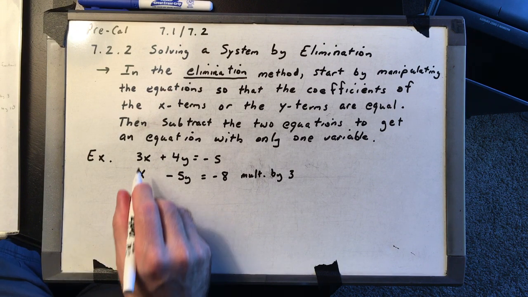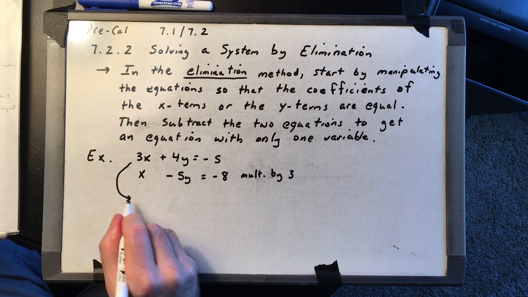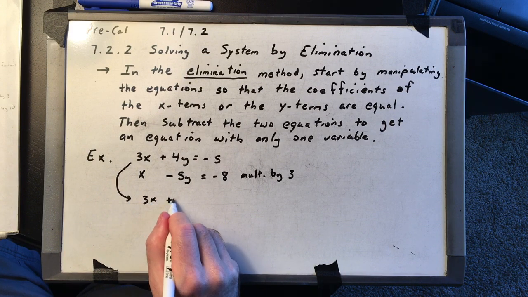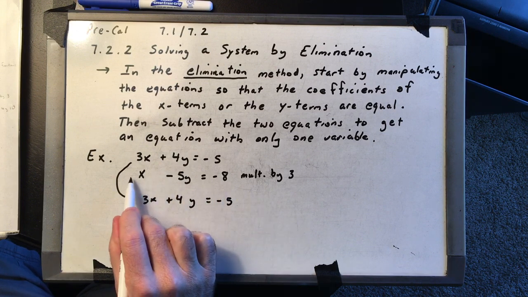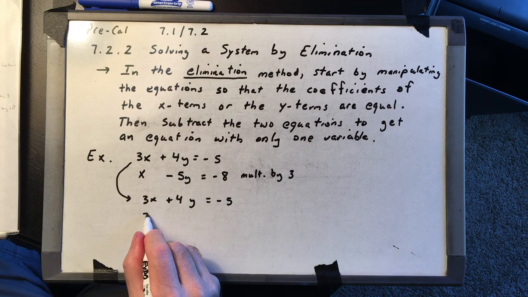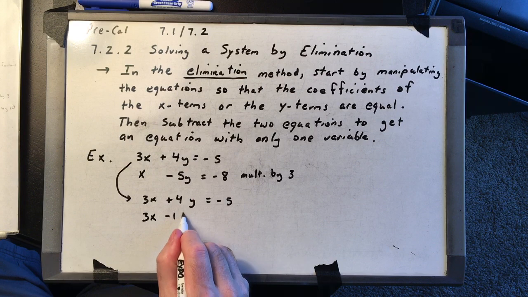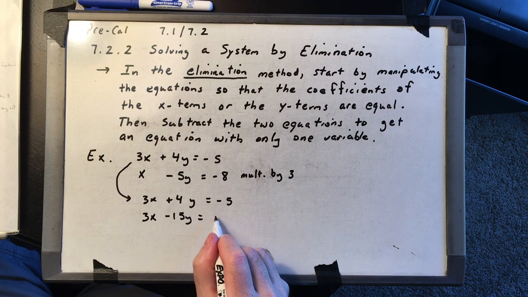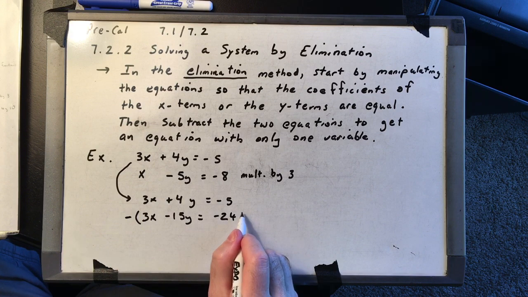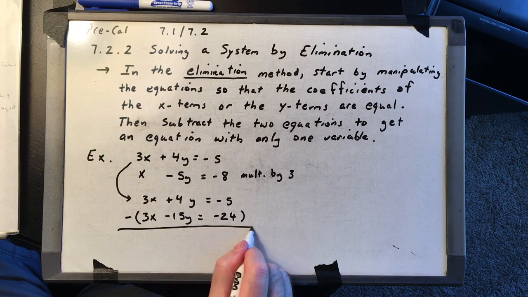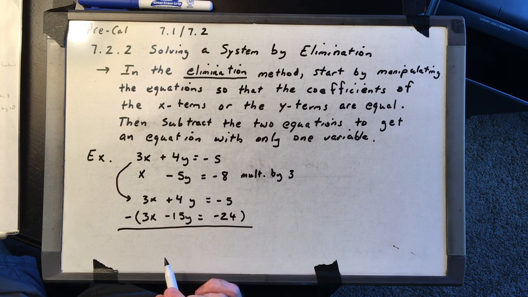So let's drop this first one back down. 3x plus 4y is equal to -5. Multiply the second equation by 3, and I'd have 3x minus 15y is equal to -24. And then I'm going to subtract the second equation from the first.